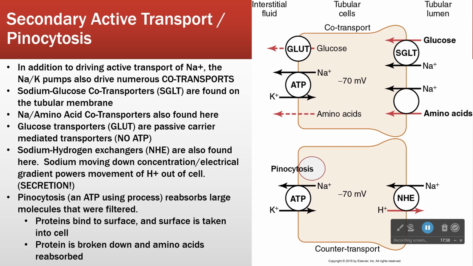It is generally true that glucose doesn't live in cells for very long, right? Because it gets utilized. But here, because of the speed of it, glucose concentration in the cell does increase a bit, enough to have a concentration gradient from cell back into interstitial fluid. Okay, so that's the GLUT, passive carrier-mediated transport, driven by the concentration gradient created by SGLT.